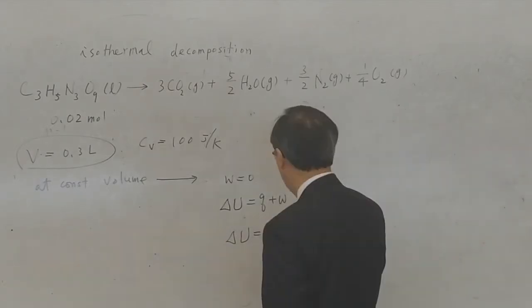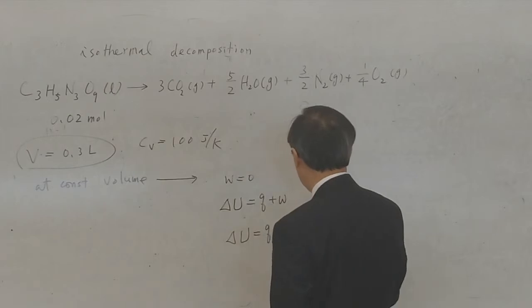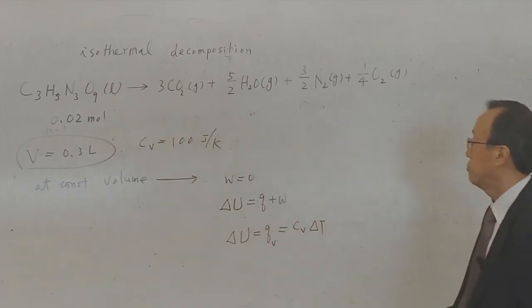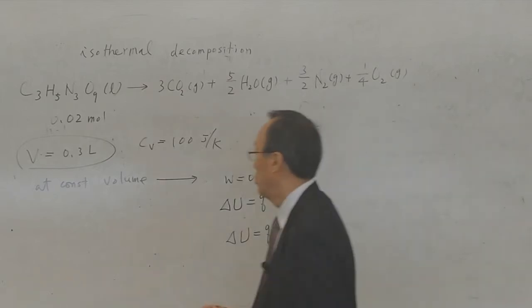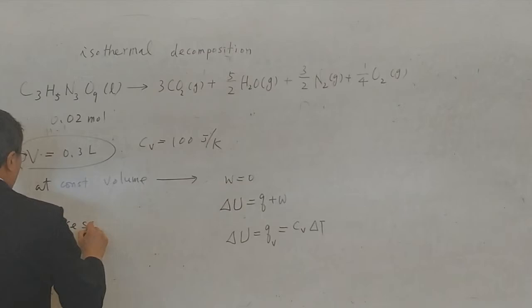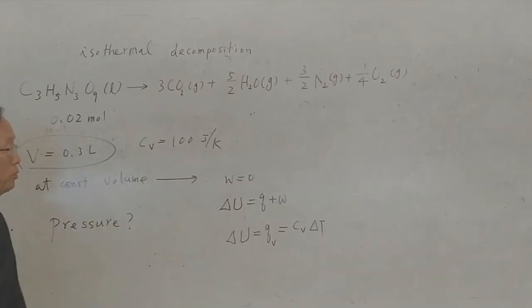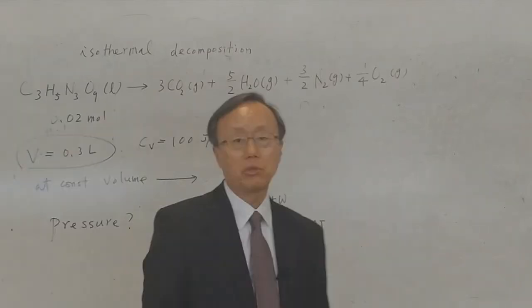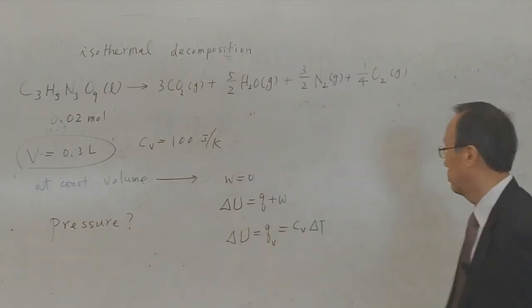Therefore, this QV equals CV delta T. So we are going to find the pressure of this gas at constant volume.